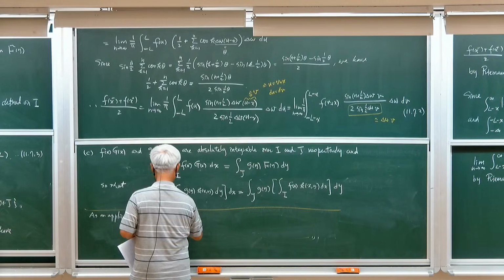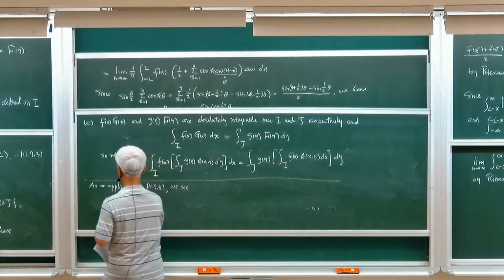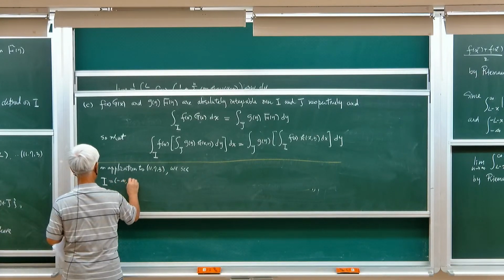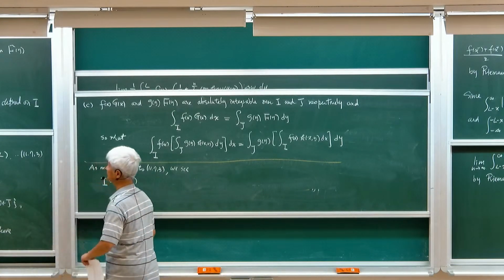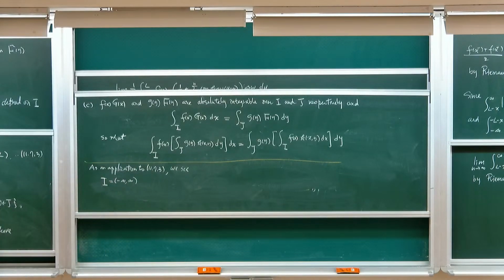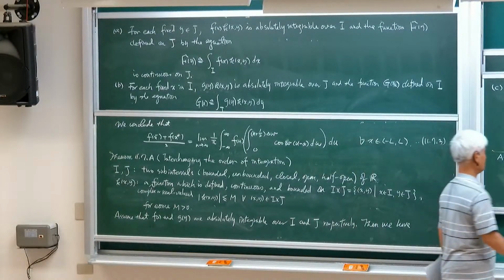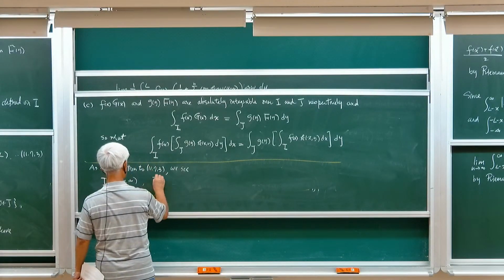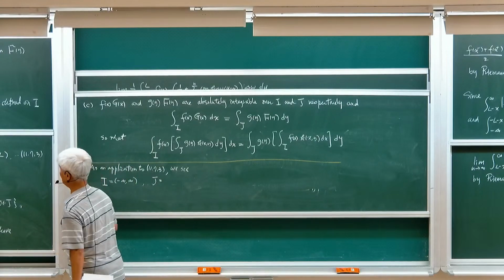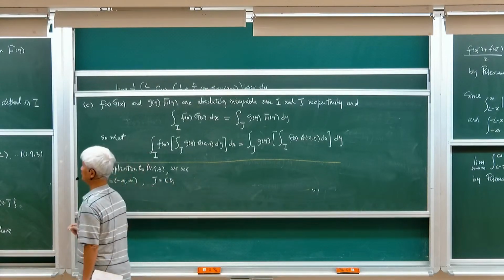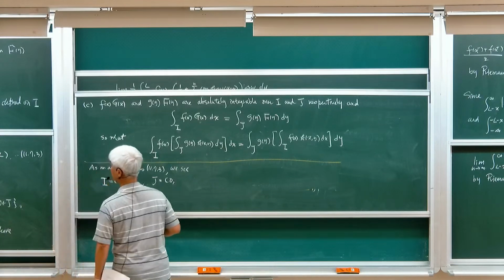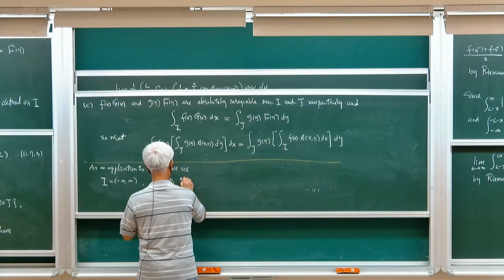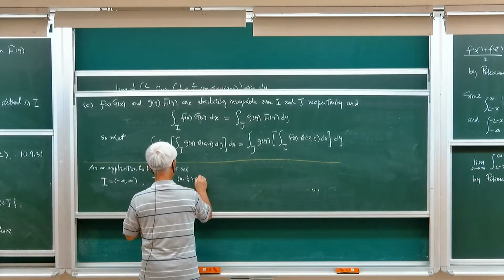We see that I is just the interval from minus infinity to infinity, and that j is from 0 to n plus 1/2 delta omega.